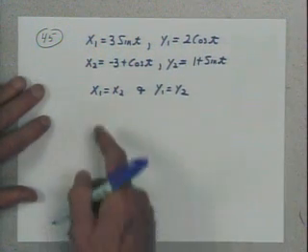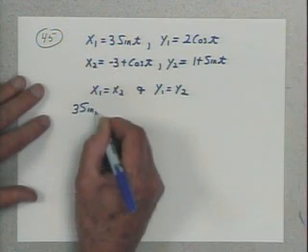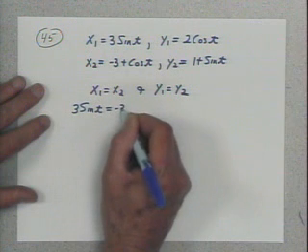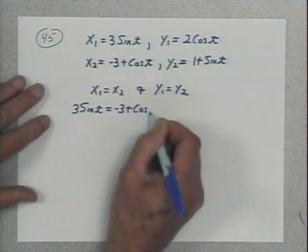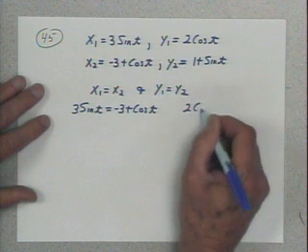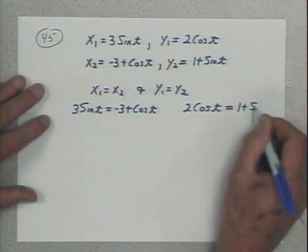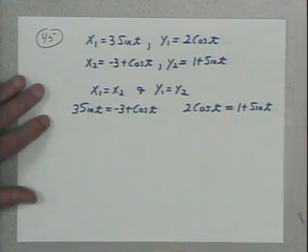Well, if x1 equals x2, then 3 sine t has to equal minus 3 plus cosine t. And for the second one, 2 cosine t better equal 1 plus sine t.